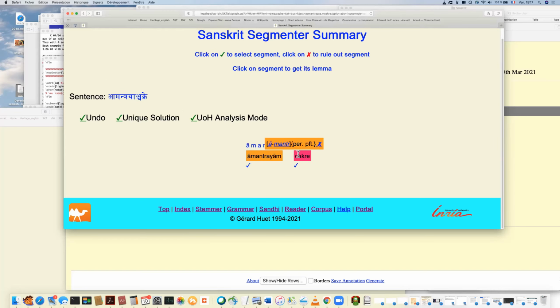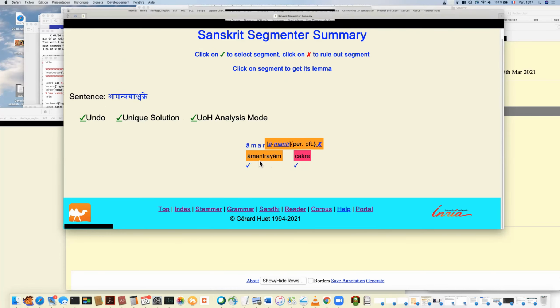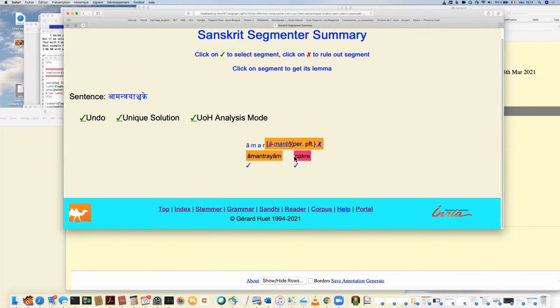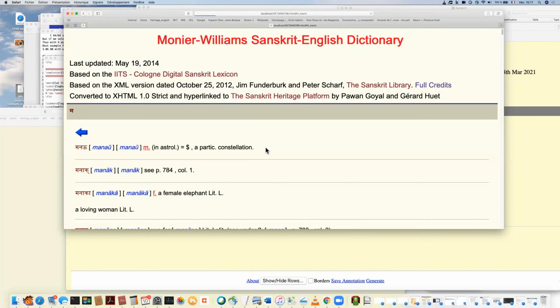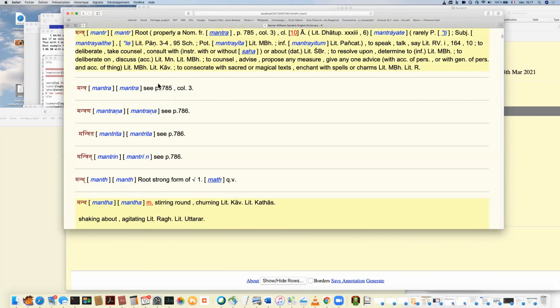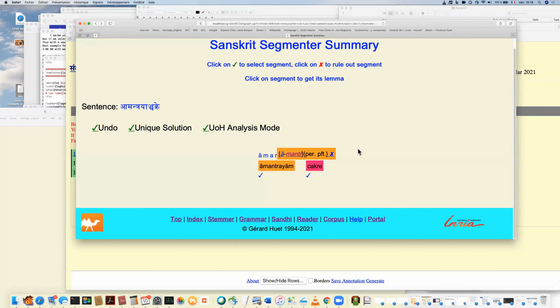Periphrastic means you have a periphrasis. Instead of having one word, you have a little phrase with several words. This is periphrastic. And perfect is past. Amantrayam comes from the nominal construction of mantrayate, give, talk, tell a mantra, or give an order, with prefix "a".